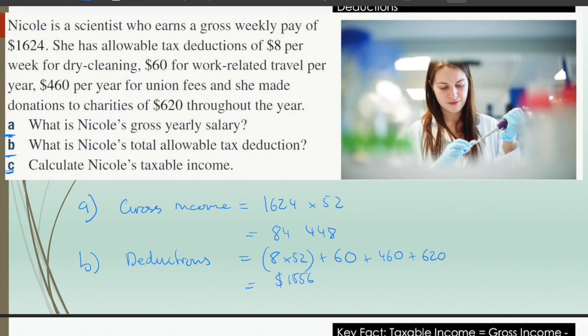And then her taxable income is simply gross income minus deductions, which is $82,892. And again, don't forget, Nicole's taxable income is $82,892.